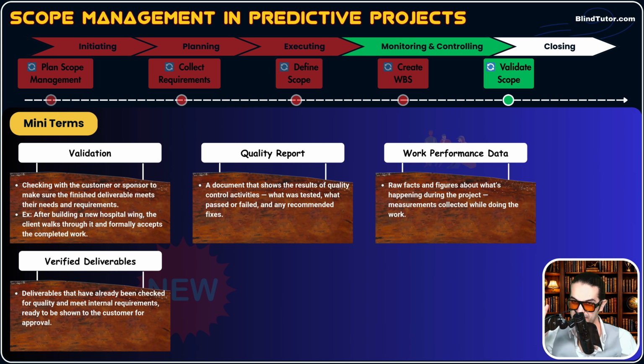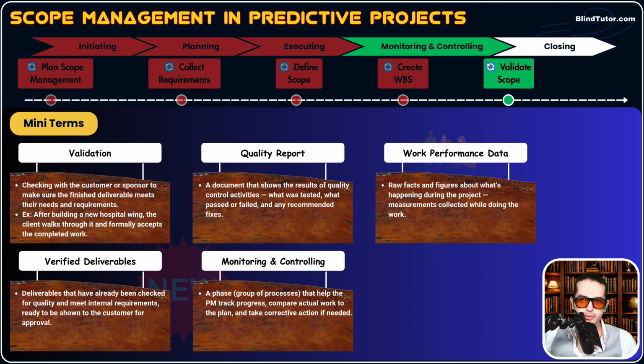If the test passes, this deliverable becomes a verified deliverable. Then we show these verified deliverables to our client, so our client then validates these deliverables. You're going to learn, don't worry. I just want to build some foundation here for this process.